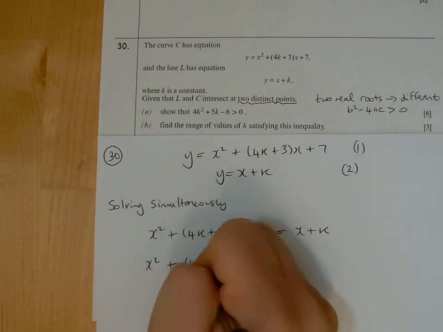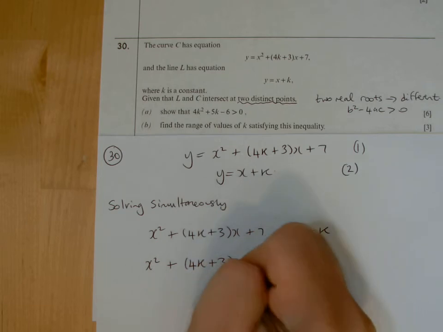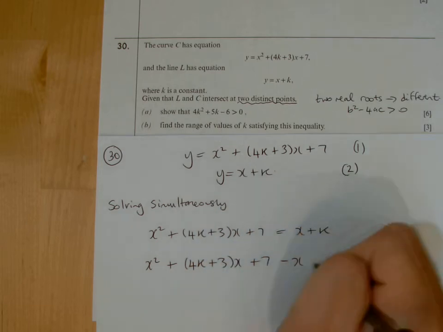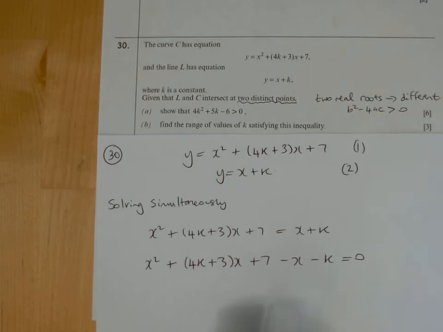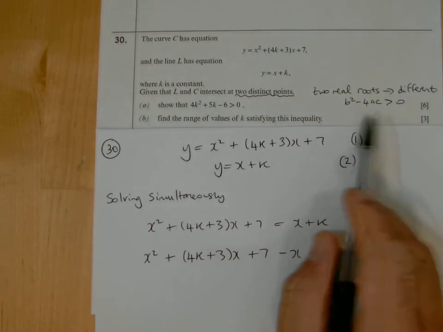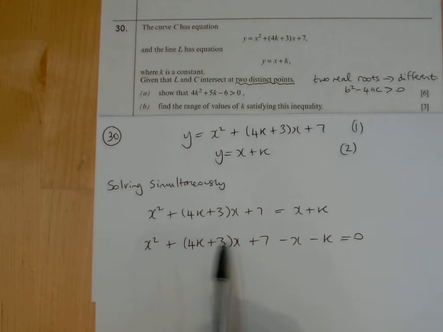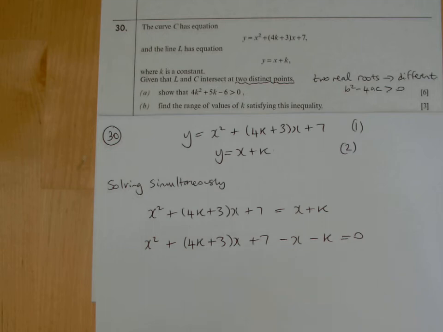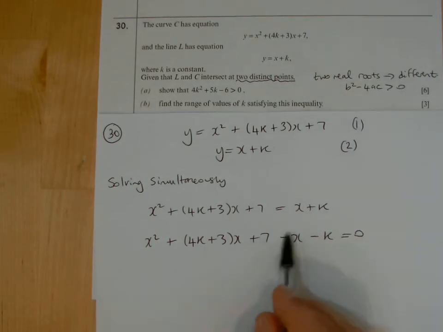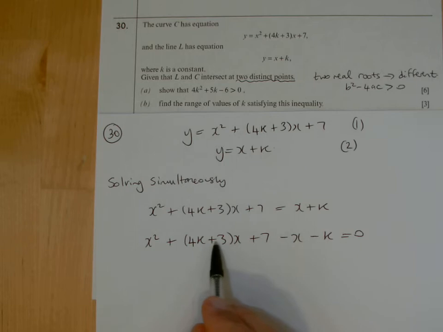So we've got 4k plus 3x, then plus 7 minus x minus k equals 0. To get to a situation where we can do b squared minus 4ac, we've got the x squared here, but we need to get the x terms grouped together and the constants grouped together. That can be done by getting that x term in that bracket.